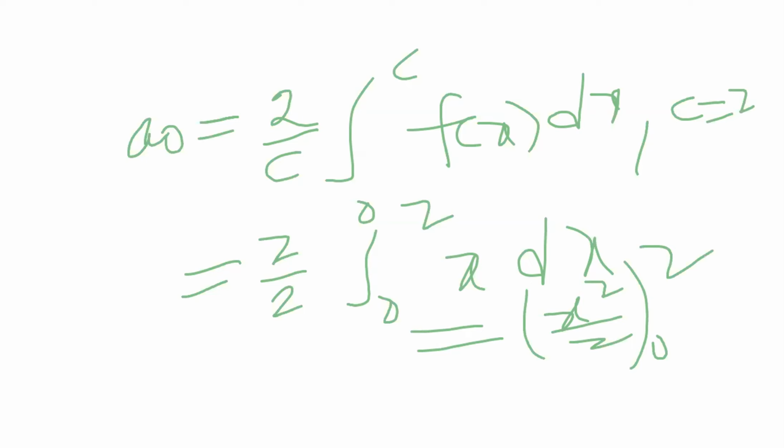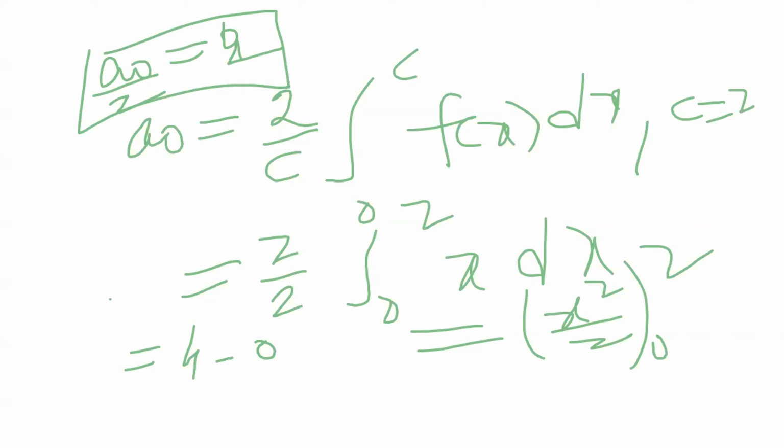Replacing the upper limit x by 2, 2 square is 4, 4 by 2, minus the lower limit 0, which equals 0. So finally the a naught value is 2, a naught by 2 equal to 2.